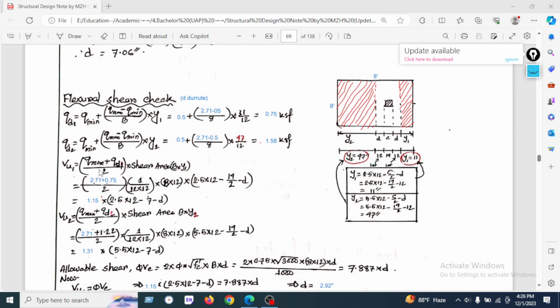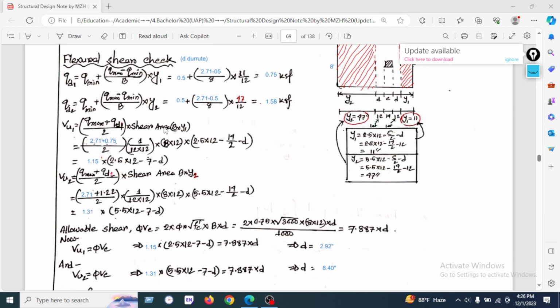So in the same way we have found qd1 and qd2, and vu1 as qmax plus qd1 divided by 2, and shear area.